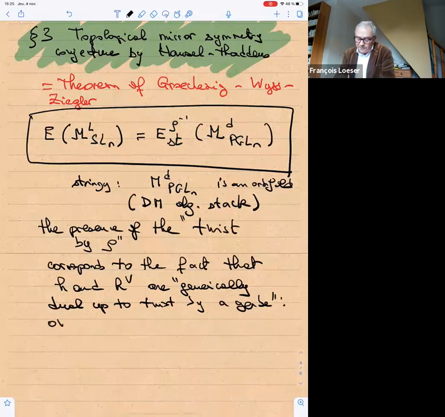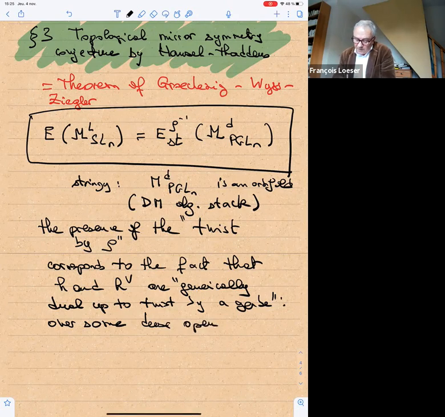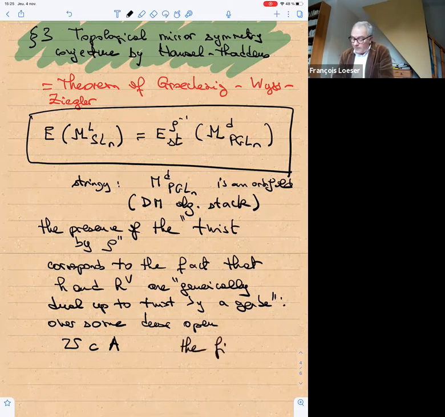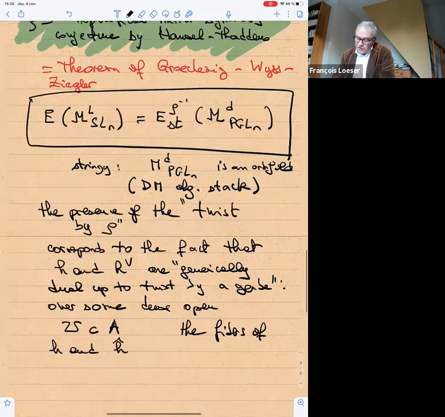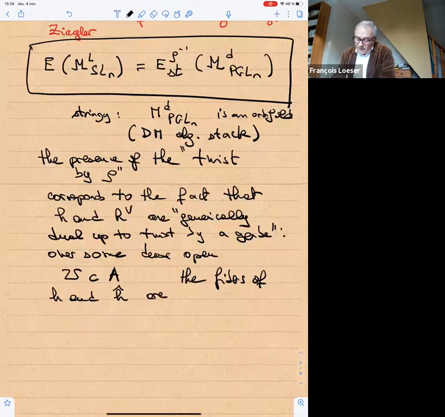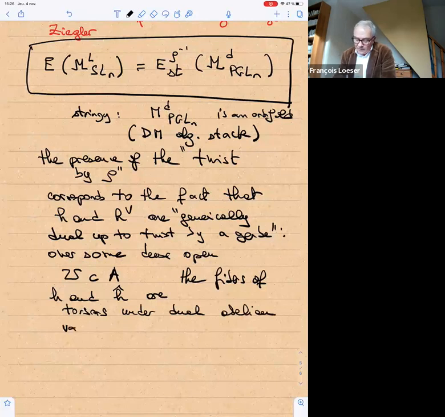So over some dense open U in the Hitchin base A, the fibers of the Hitchin and the dual fibration are torsors under dual abelian varieties.